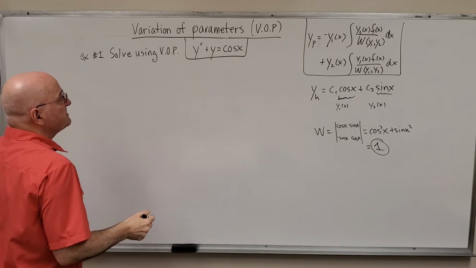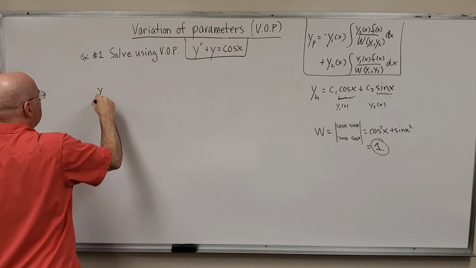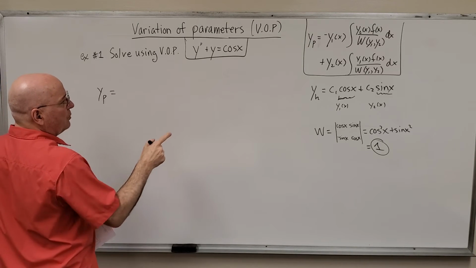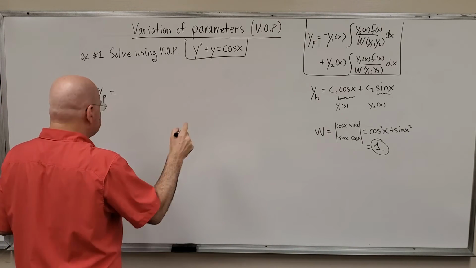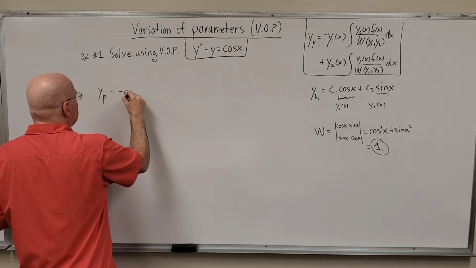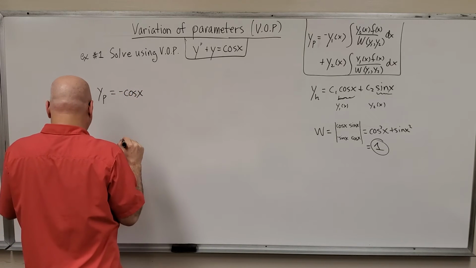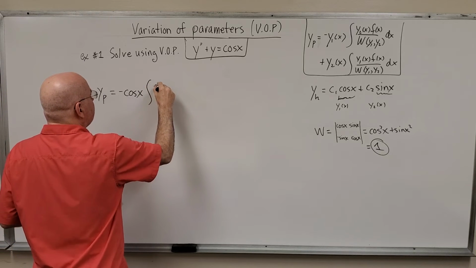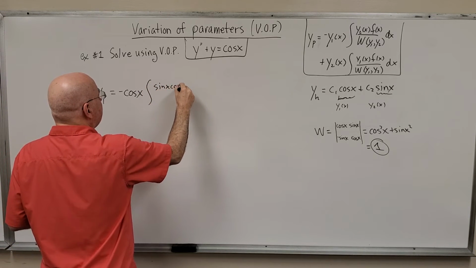All right, so the particular solution is equal to negative y1, which is negative cosine x, times the integral of sine x cosine x.